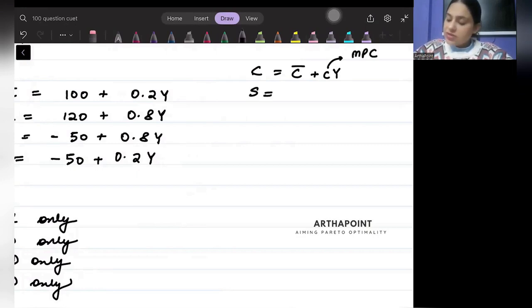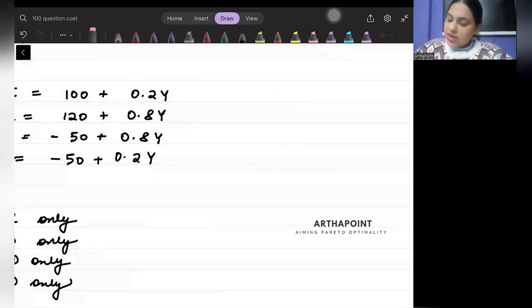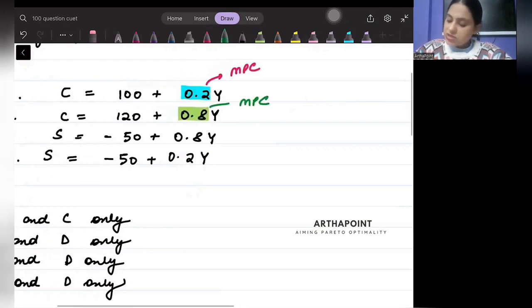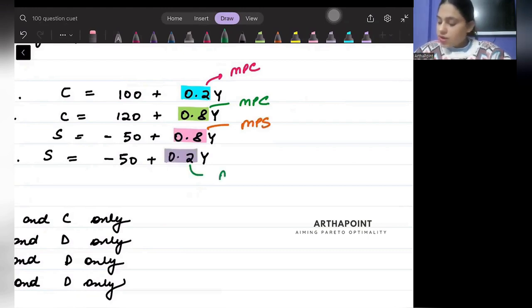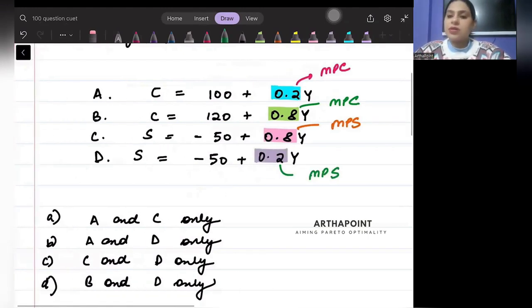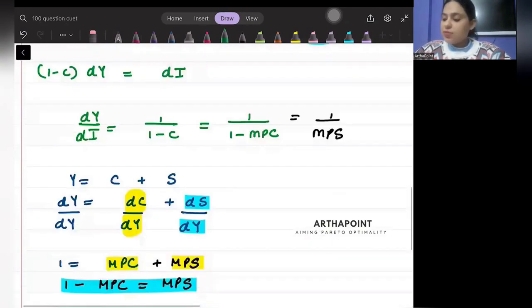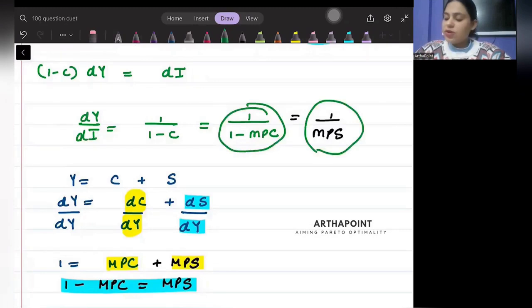And when I am writing my savings function as minus S bar plus small sY, this s is the MPS. So I can say this part is my MPC, this part is my MPC, this part is my MPS, and this part is also my MPS. What is the multiplier? 1 upon 1 minus MPC, or 1 upon MPS.